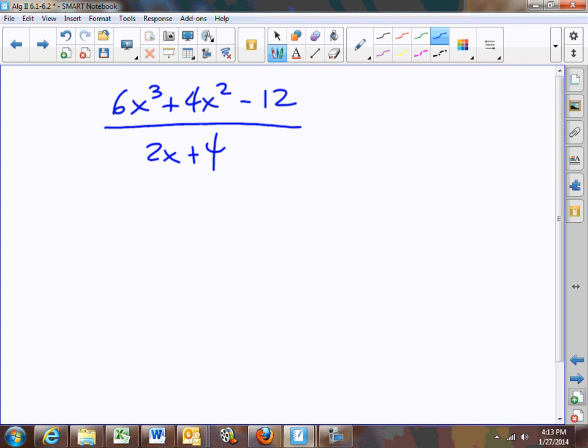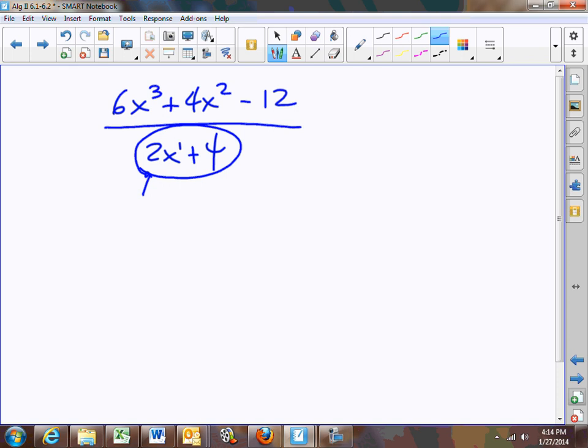Now, if we want to divide 2x plus 4 into 6x cubed plus 4x squared minus 12, we can see that 2x plus 4 is a linear divisor. Its degree is 1. There's an exponent of 1 on the x, and then the 4 is a constant. So it's got a degree of 1. It's a linear divisor. But we don't have a coefficient of 1 in front of the x.